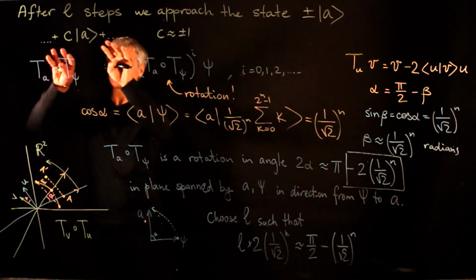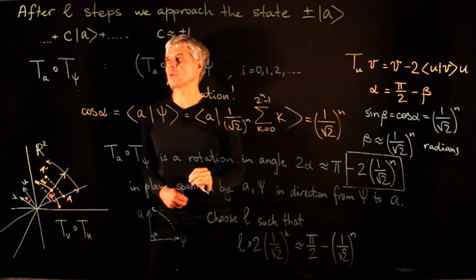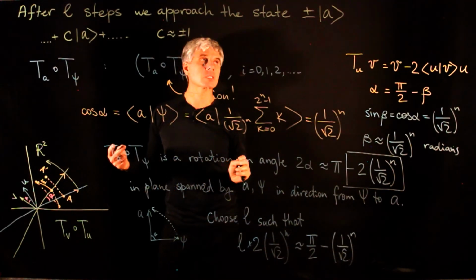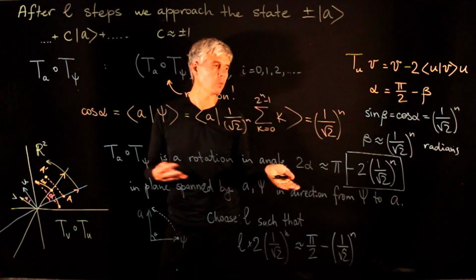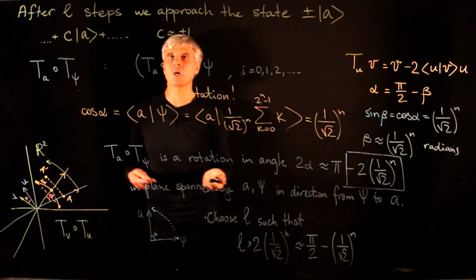And this tells us that all other coefficients are going to be very close to 0, because we always preserve the norm, and all vectors have norm 1.